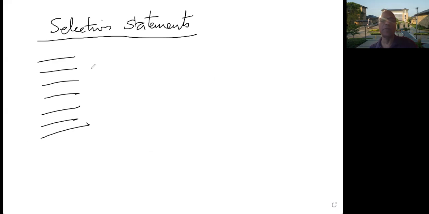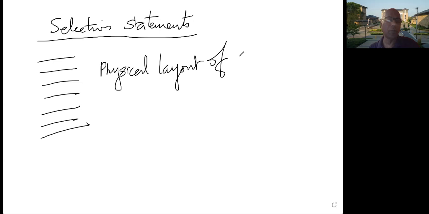So far, we wrote programs with a number of lines of code, one after the other. So this is the physical layout of the code. You wrote Python programs, a number of lines of code, one after the other.